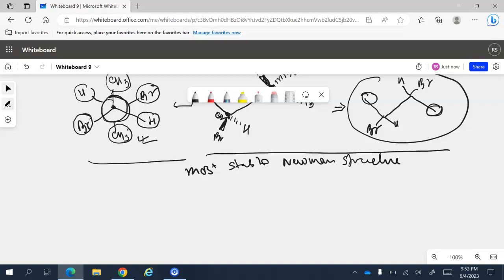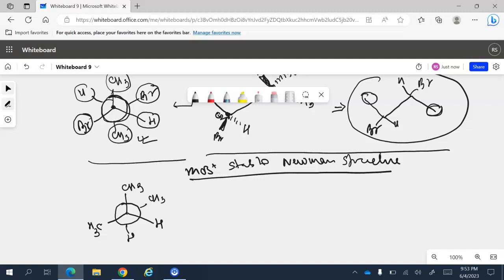Now to discuss this, let us pick one example here. Say, for example, we have the Newman projection for two molecules. Say you have here CH3 and here is hydrogen and here is CH3, and this is the outer carbon. You have a CH3 group, here is hydrogen and here is the other hydrogen.